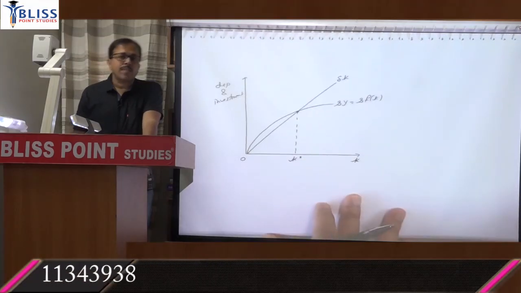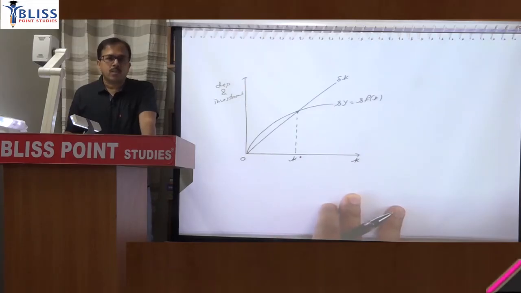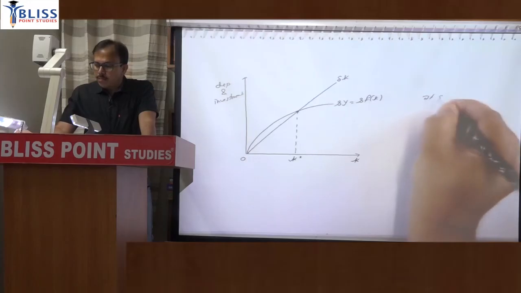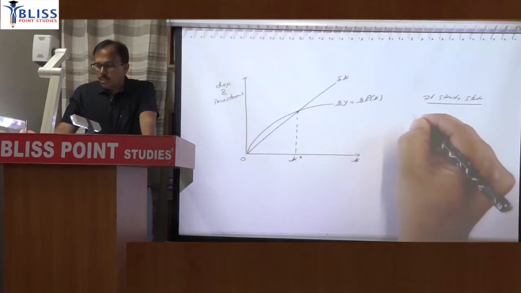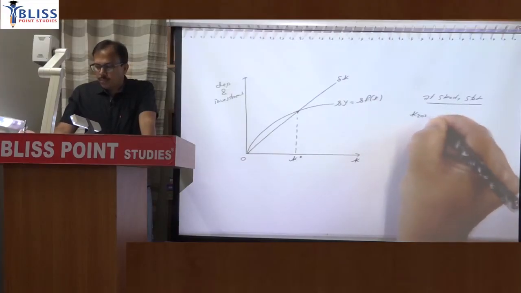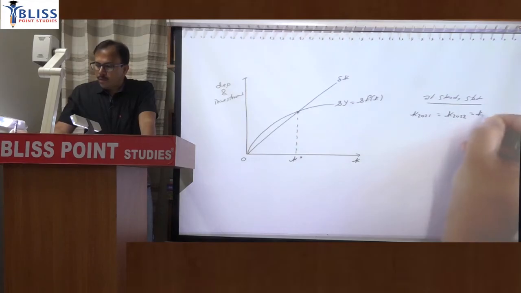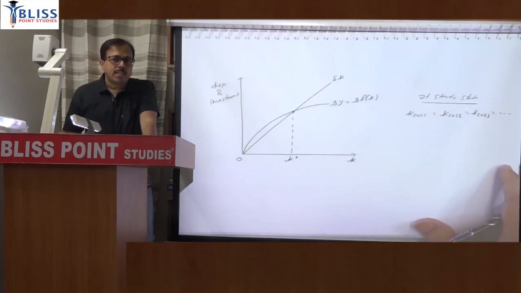And what is the significance of steady state? Suppose the economy is at a steady state, what is the meaning of that? It means the stock of capital for 21, the stock of capital for 22, the stock of capital for 23, in every year the stock will remain the same.